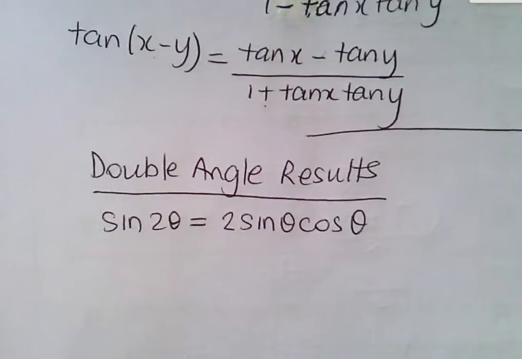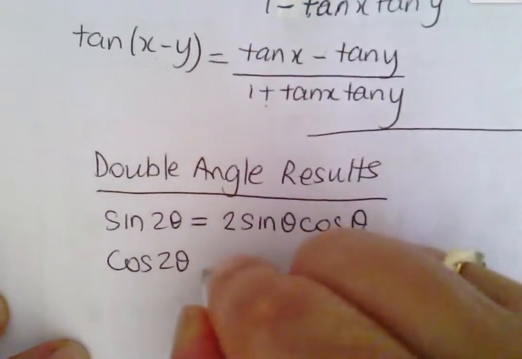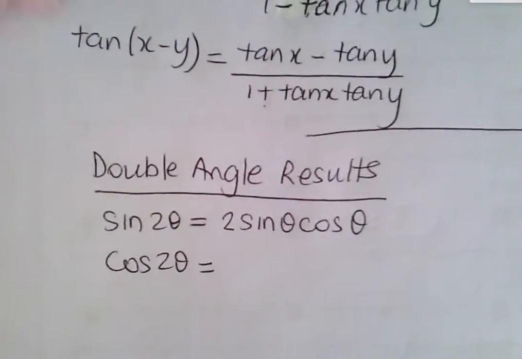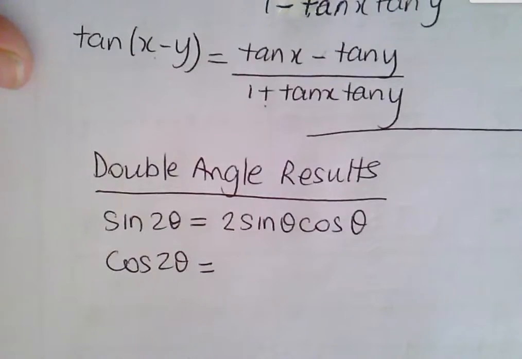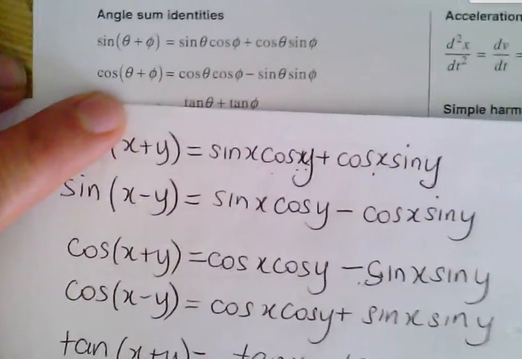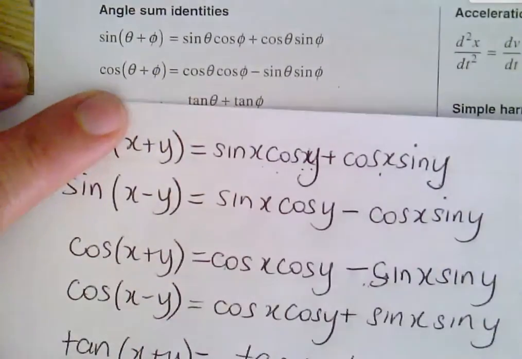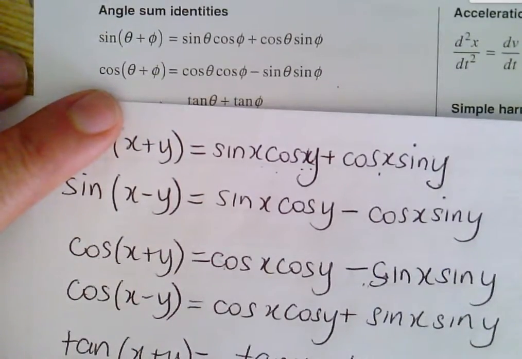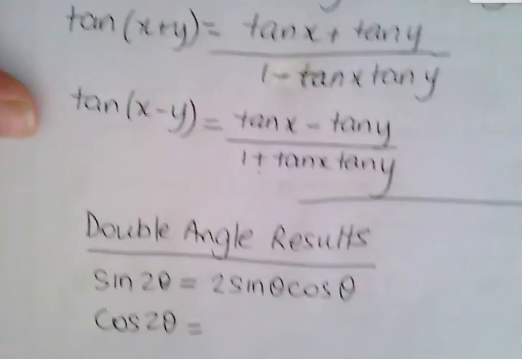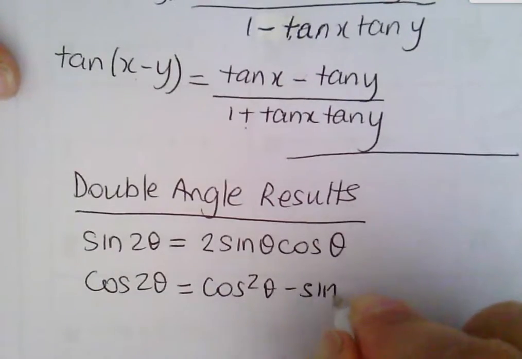Okay. Double angle result for cos. We'll look at your formula sheet actually. If these were both thetas, you'd have cos theta cos theta minus sine theta sine theta, which is cos squared theta minus sine squared theta. But there are two other results.